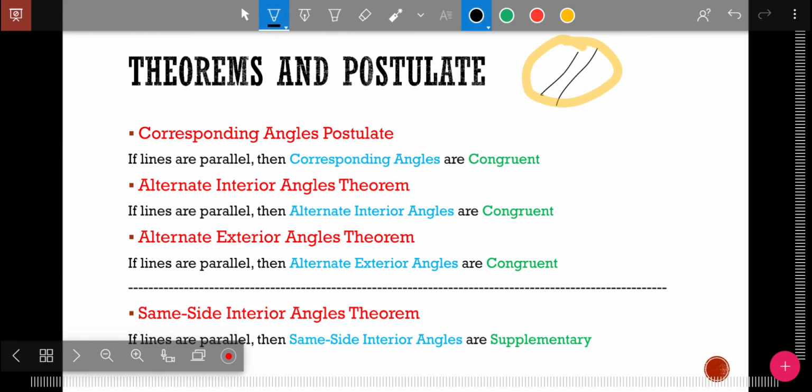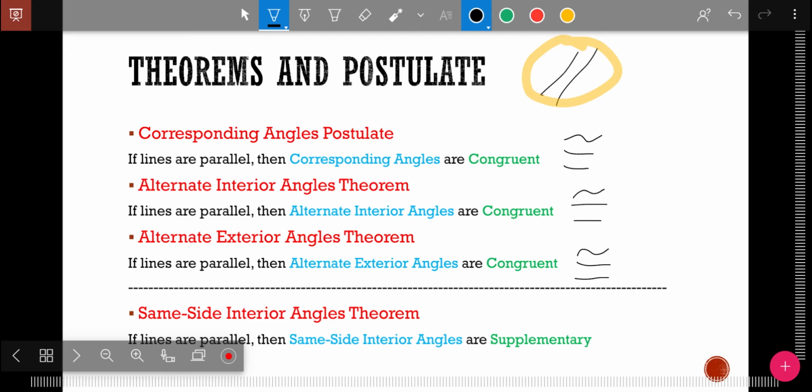And so corresponding angles, if the lines are parallel, corresponding angles are congruent. If the lines are parallel, alternate interior angles are congruent. If the lines are parallel, alternate exterior angles are congruent.